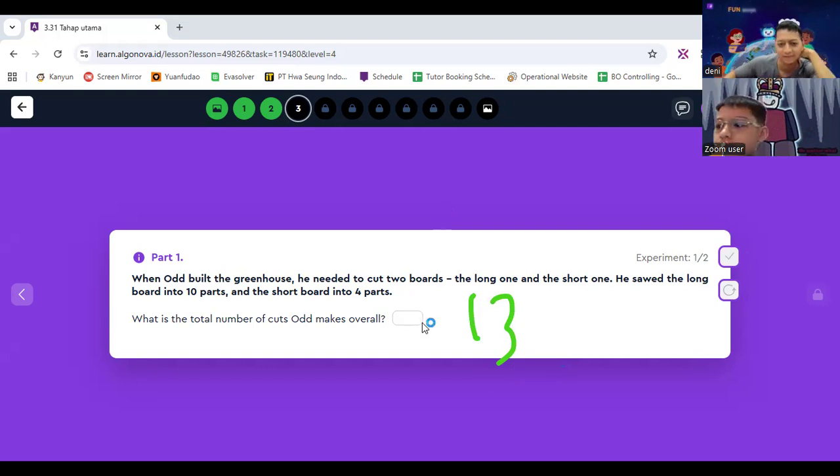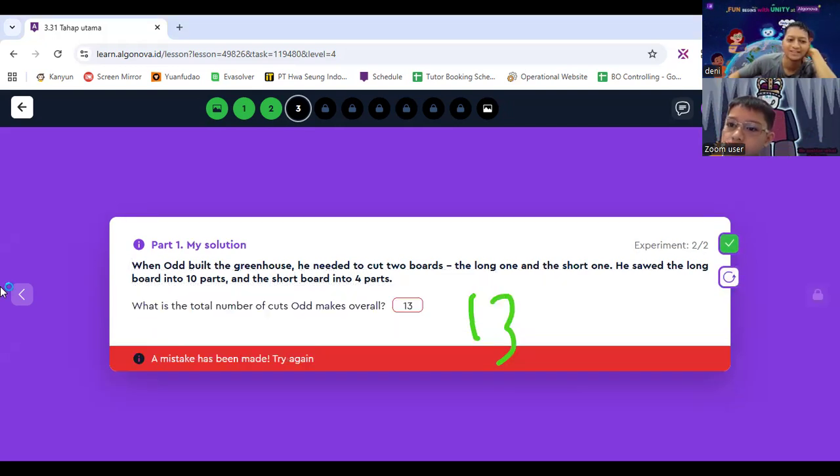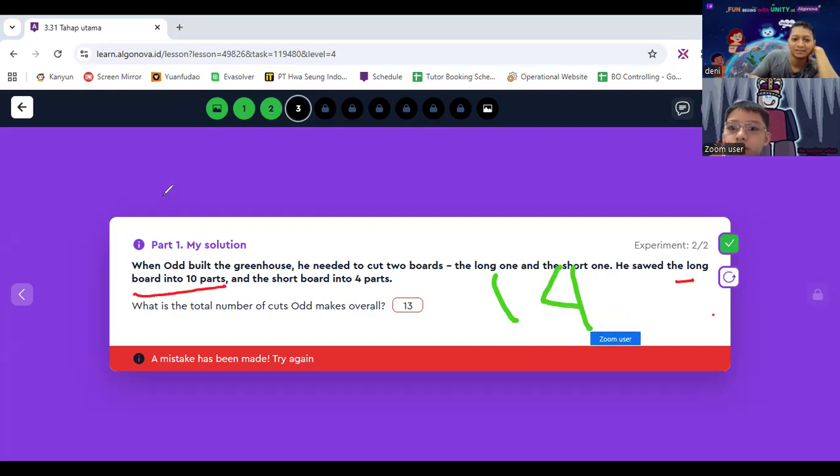13. Let's try it. It's incorrect, Akbar. The long board into 10 parts. 10 parts. So how many cuts? 9.